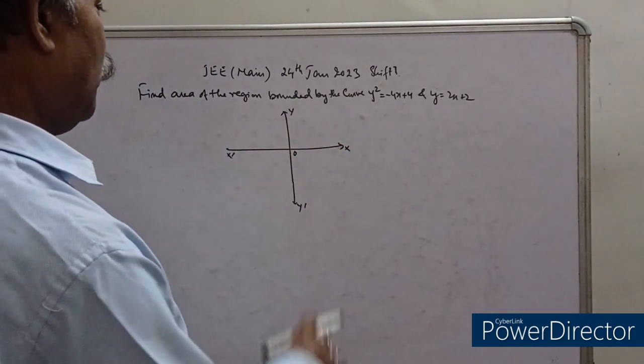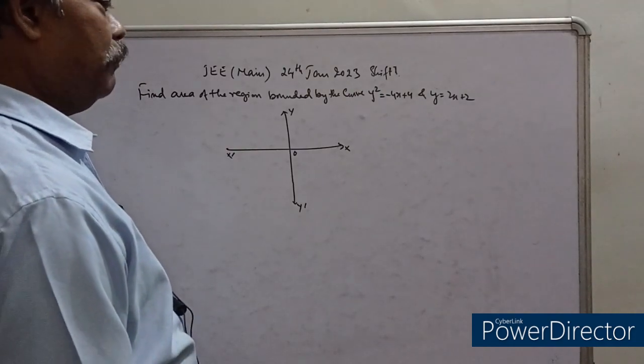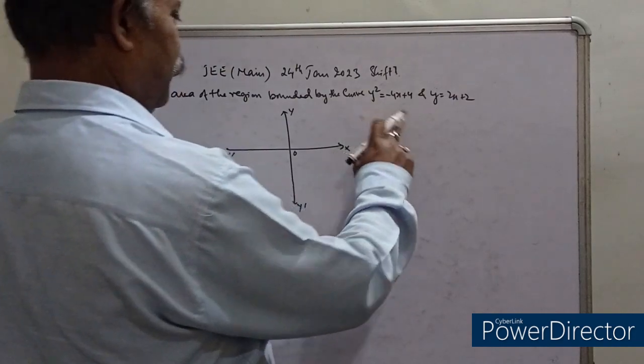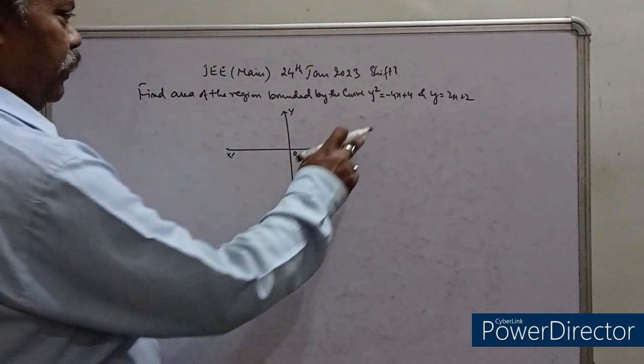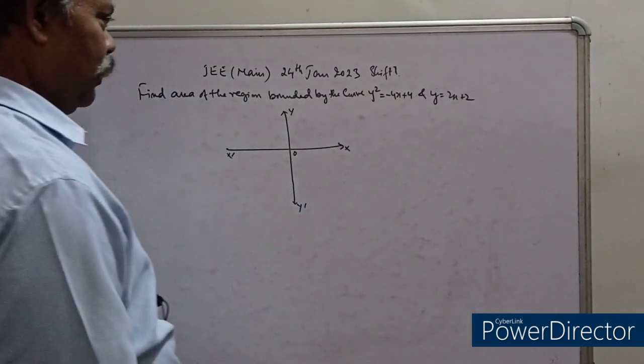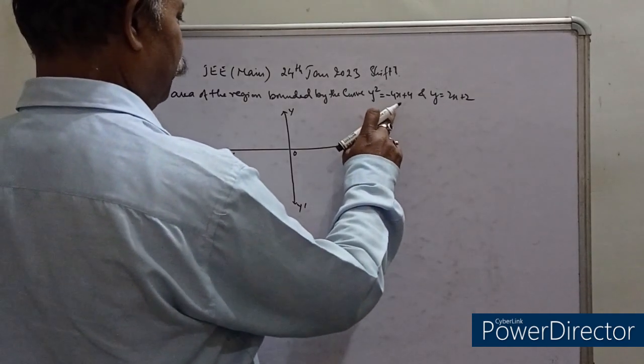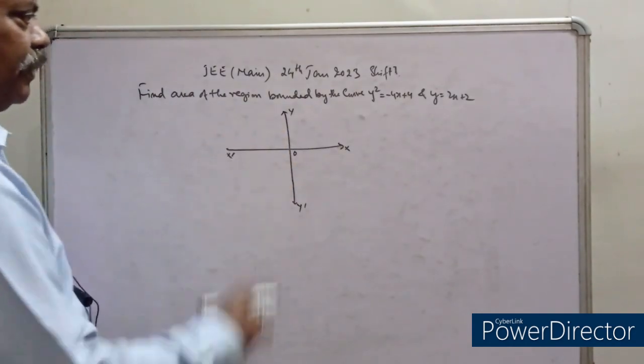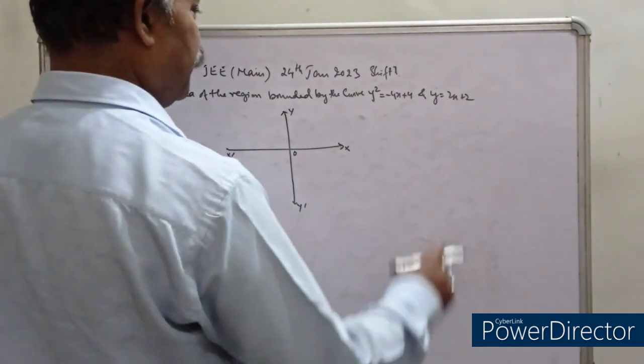Unless and until you draw this graph, you won't be able to solve the problem. So we know that this equation will be a parabola, and because it is minus 4x, its direction will be in this direction. It is clear. And this is the linear equation in two variables.